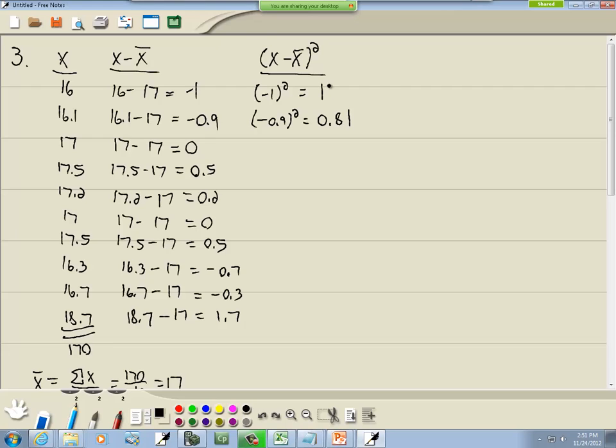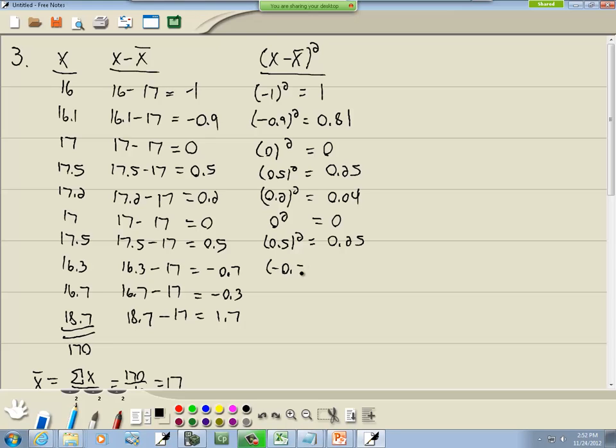I need to be double checking myself as I go along here. 0 squared, or 0, 0.5 squared, which is 0.25, 0.2 squared, which is 0.04, 0 squared, which is 0, 0.5 squared, which is 0.25, negative 0.7 squared, which is 0.49, negative 0.3 squared, which is 0.09, and 1.7 squared, which I think was 2.89.